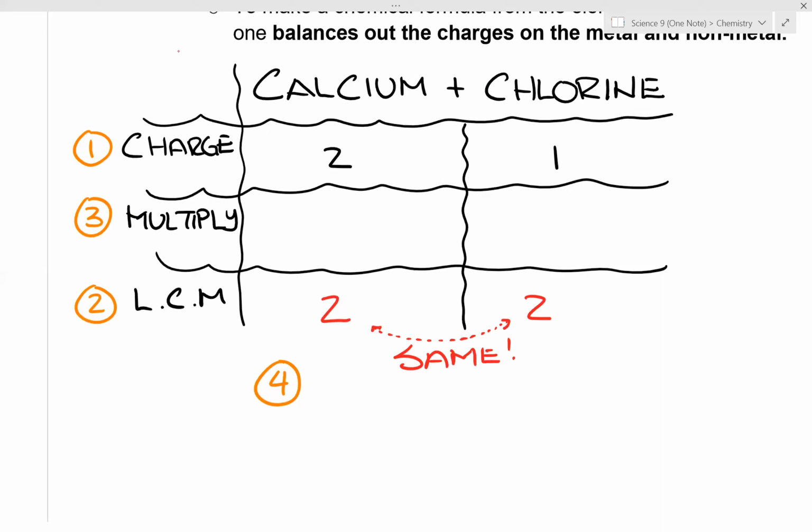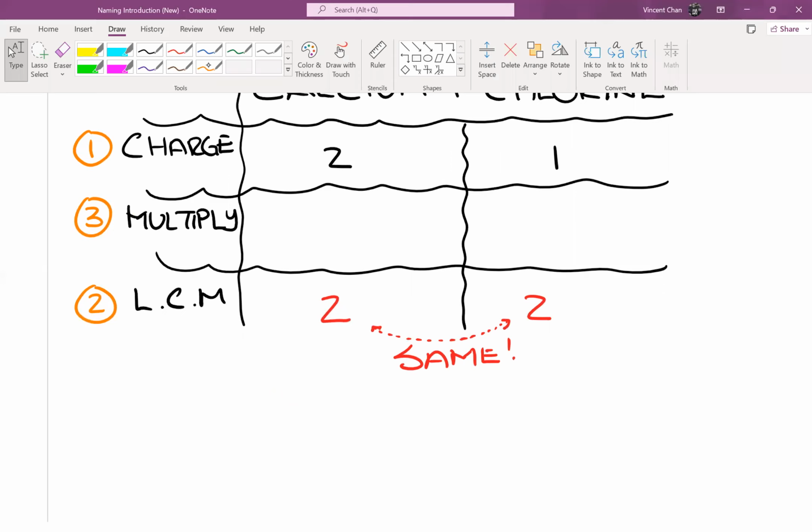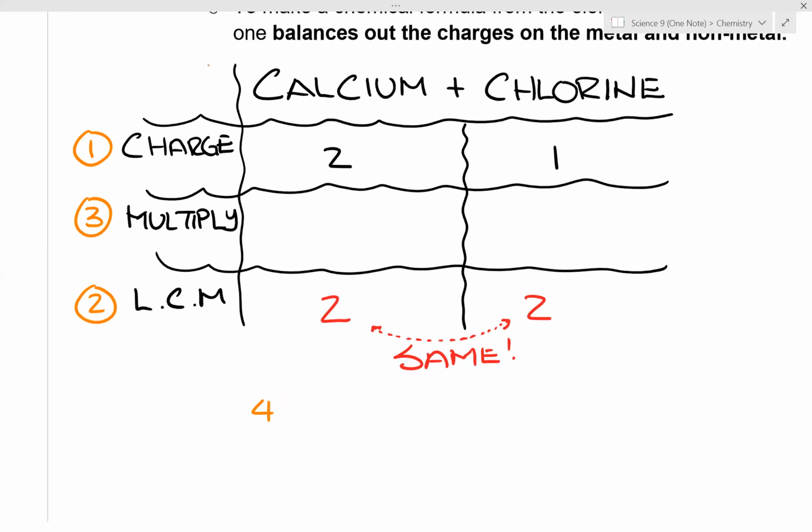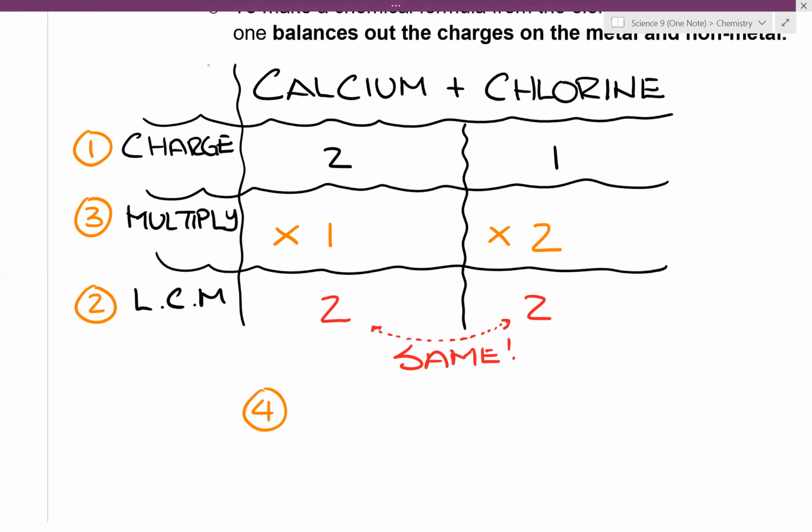Okay? Now, in this particular case, what you want to do is figure out, for chlorine, 1 times what gives you 2? And this would be a multiplier of 2. And for calcium, 2 times what gives you 2? In this case, it would be 1. So what we would do is write out the formula Ca1.